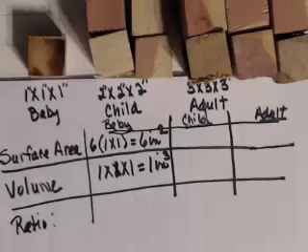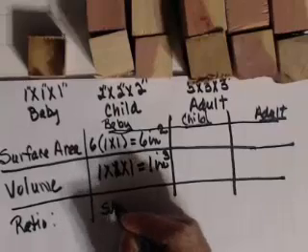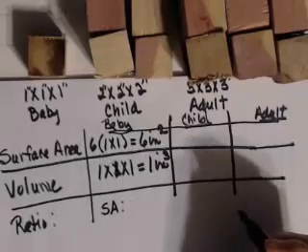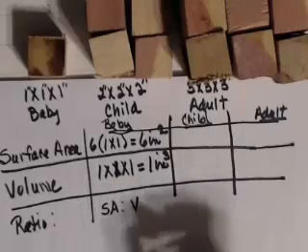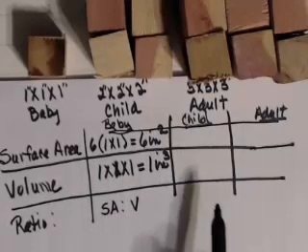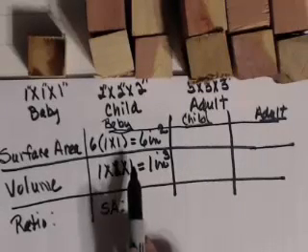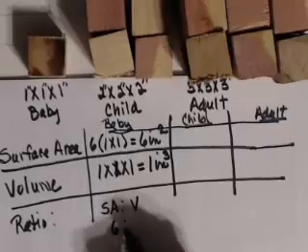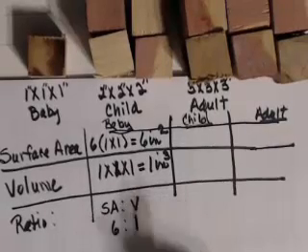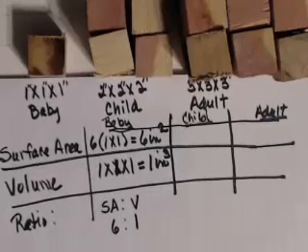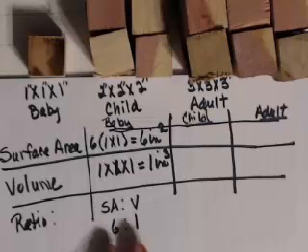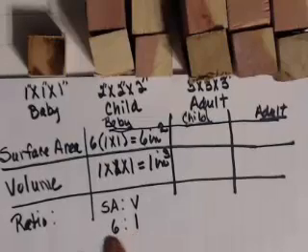And I want you to find the ratio of the surface area to the volume for the baby, the child, and the adult. So the surface area of the baby will be 6 to its volume of 1. Now, in a ratio, we do not use units, so I would not have inches squared and inches cubed in that writing of the ratio. It'll just be 6 to 1.